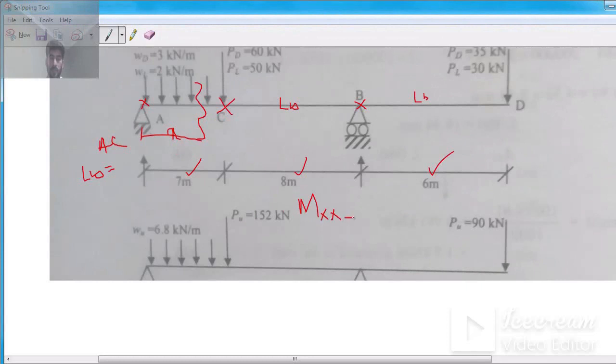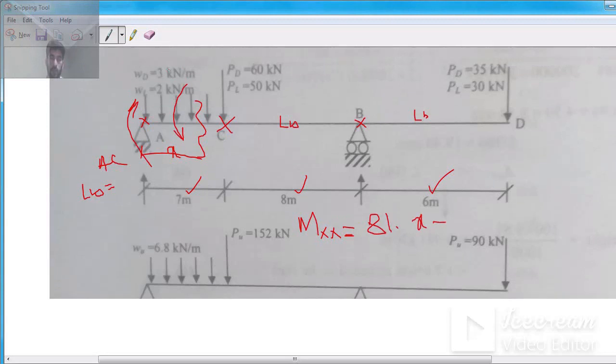one can easily determine this reaction times this distance, so 81 point something times x. And negative, because the moment due to UDL will be negative, and the total loading is 2 plus 3, that is 5. So 5 times total distance x times half.